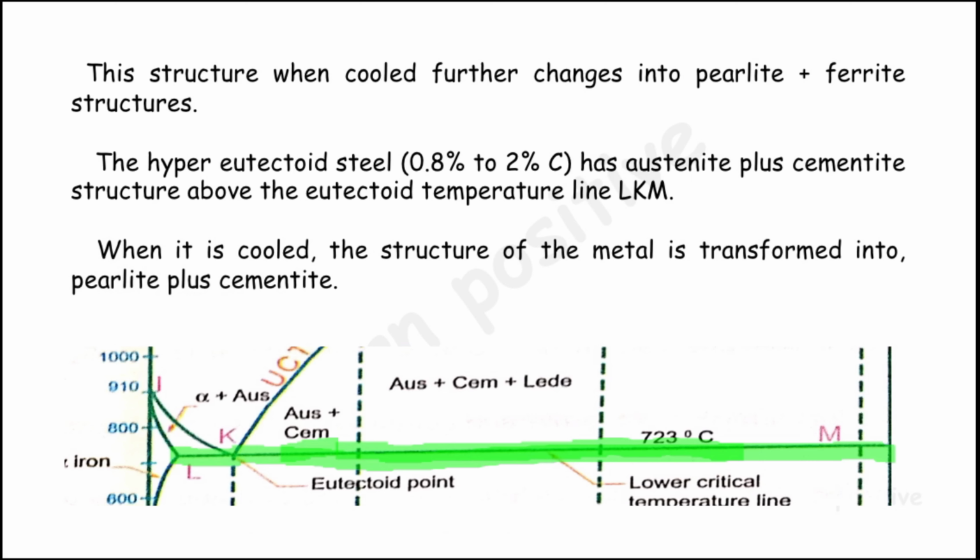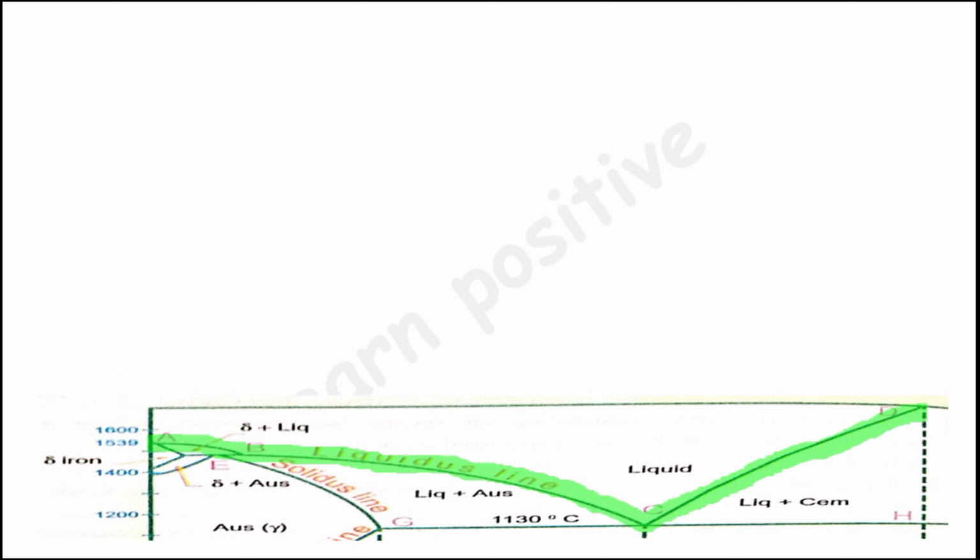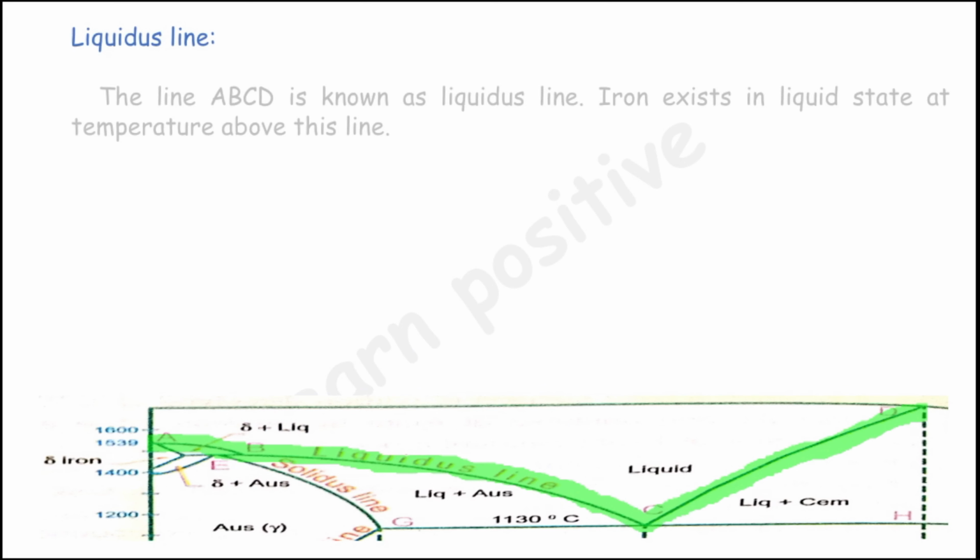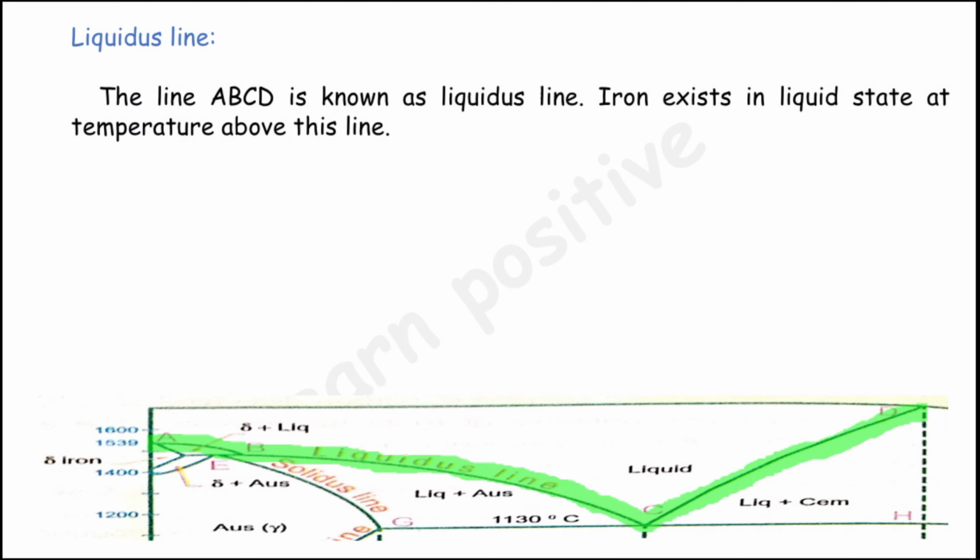So when we mix the ferrite and the cementite structure, the line was formed. And the liquidus line is shown in the diagram as the green line A, B, C and D. The molten metal is cooled from 1530 degrees Celsius to 1130 degrees Celsius.